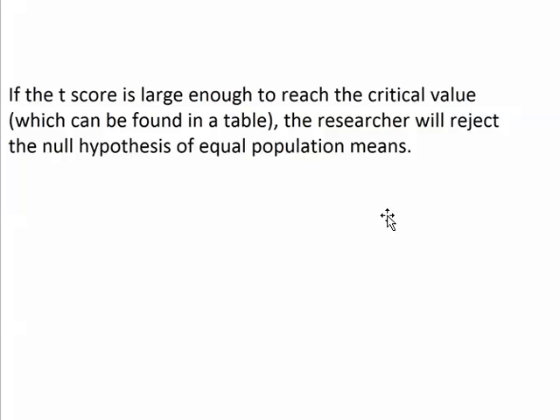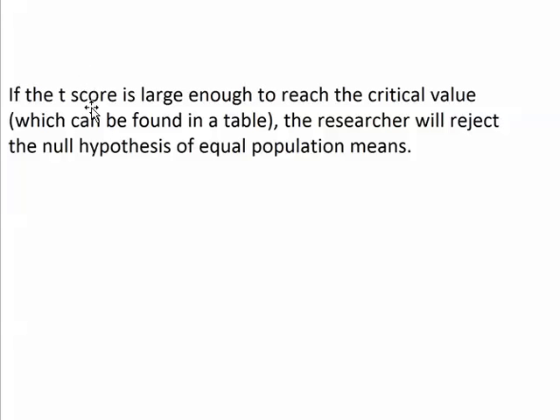And we said that the area that starts at the critical value and goes higher is called the rejection region. And the rejection region includes all of the outcomes that lead to the rejection of H0. We talked about that in the last video. In a two-sample t-test, the t-score that's calculated is called the test statistic.